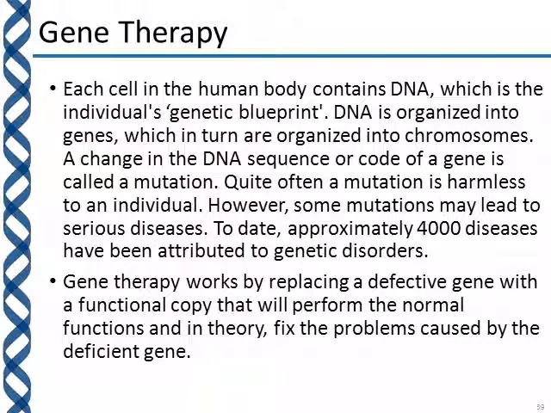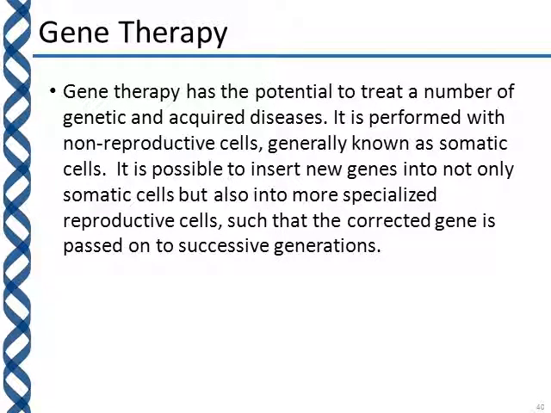Gene therapy works by replacing a defective gene with a functional copy that will perform the normal functions and, in theory, fix the problems caused by the deficient gene. Gene therapy has the potential to treat a number of genetic and acquired diseases.